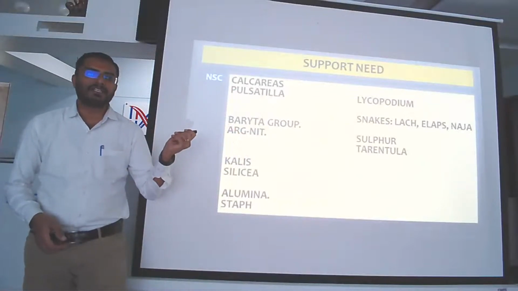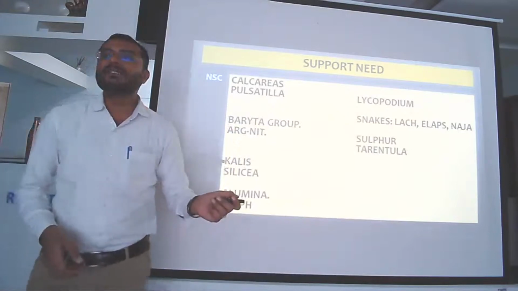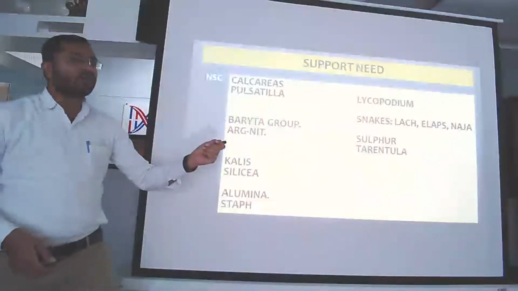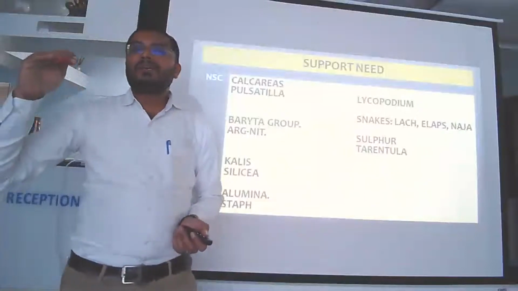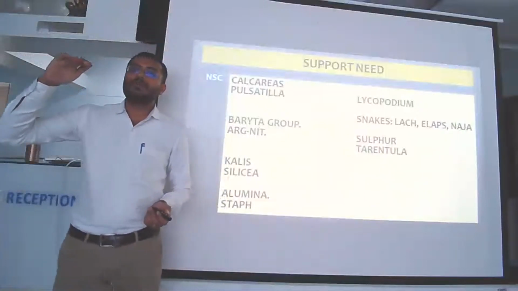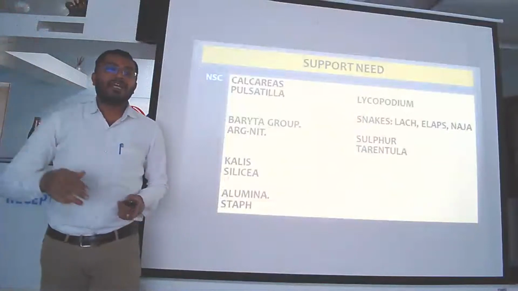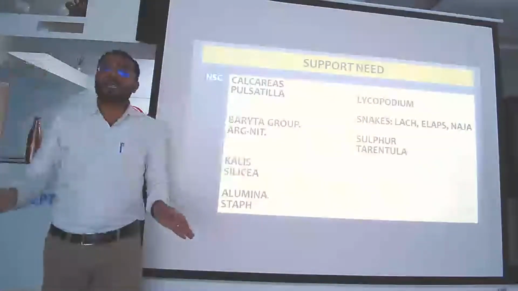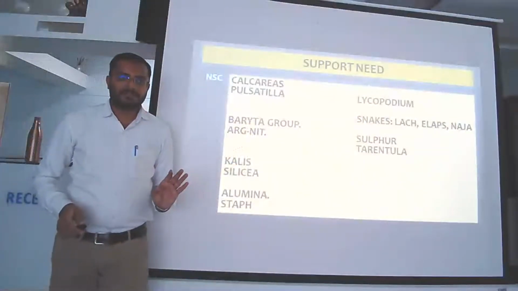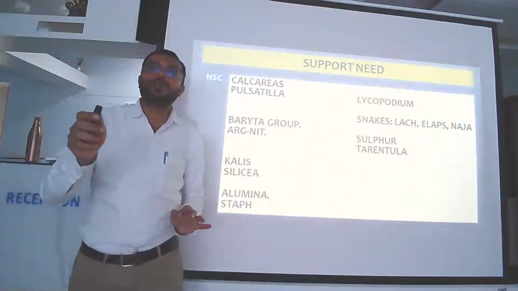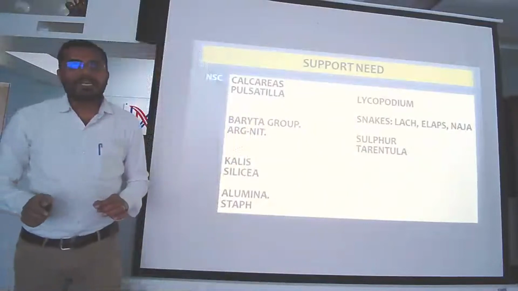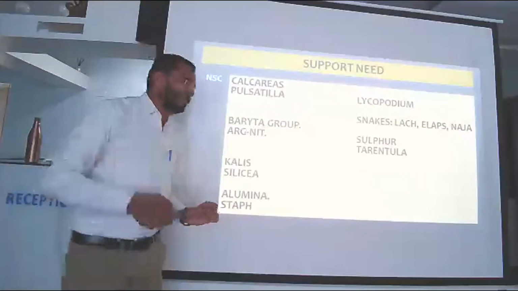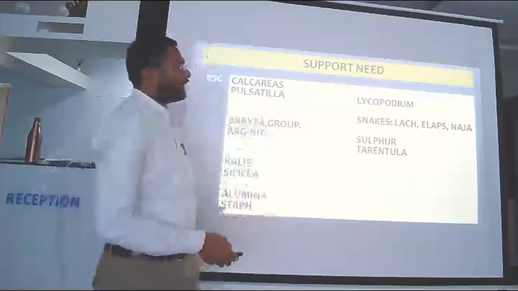Pulsatilla is also money minded. Then the Baryta group: an adult cannot take responsibility until a certain age and has to depend on everybody. Late coming into usefulness, this was the phrase used by Kent. So this is the support need.